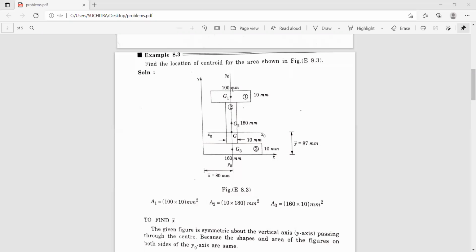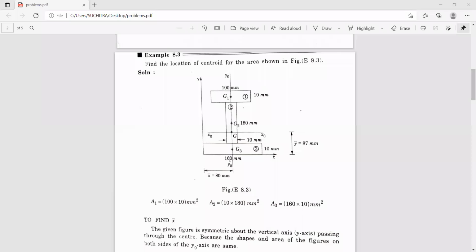Now here x1, from this point to this point, how much is it? It is 50 millimeters, because half of this is 100, so the remaining is 50. Now you can see here, this is 160 millimeters and this is 100 millimeters. On either side, how much is left?